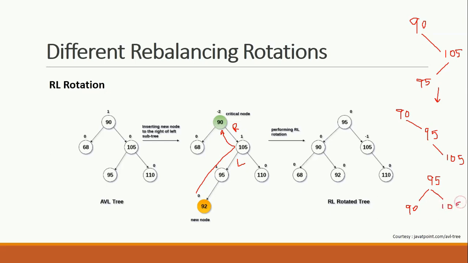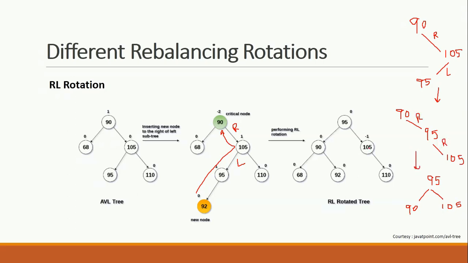After the first rotation, you can see that it is an RL first, and it becomes an RR problem. Then we know how to solve RR. This is the answer. You can see here 95, 90 and 105.